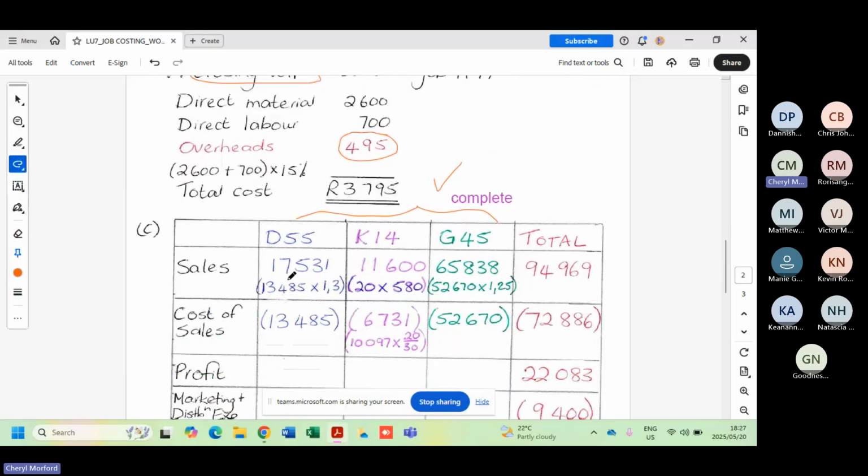We're going to say for D, the cost plus 30% markup. So times 1,3. All the units of G were sold. So it's cost coming from the table above plus 25% markup.